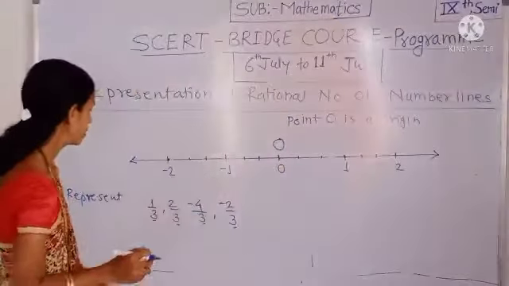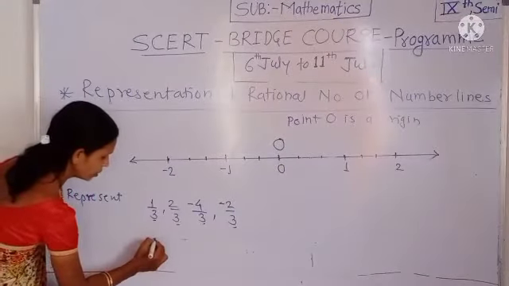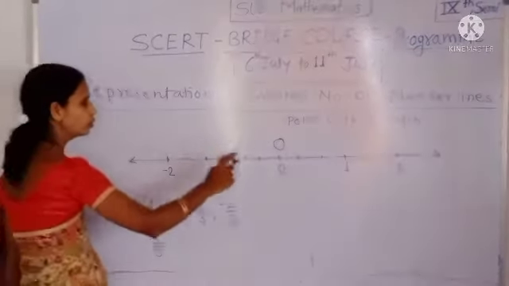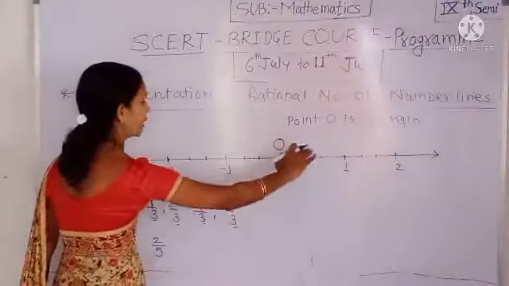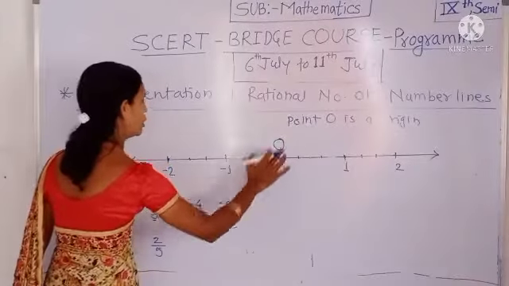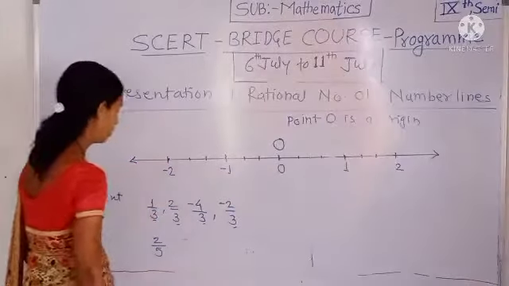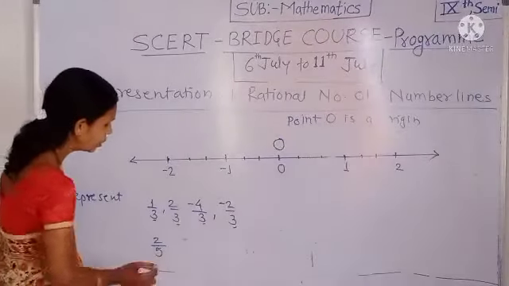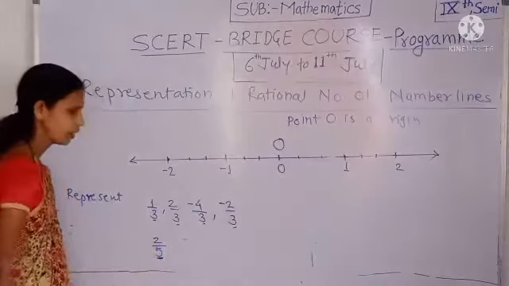Then see here, if 2 upon 5 is given, then we have to make 5 equal parts from 0 to 1 as well as in each section, that is, if the denominator is 5.